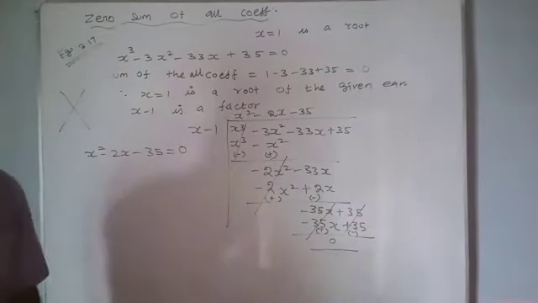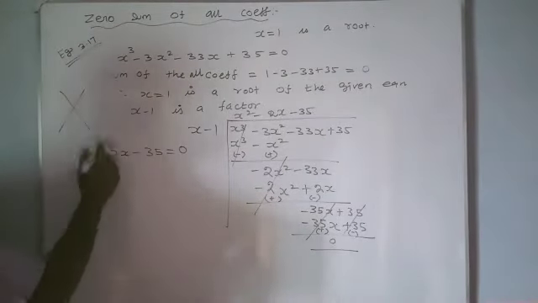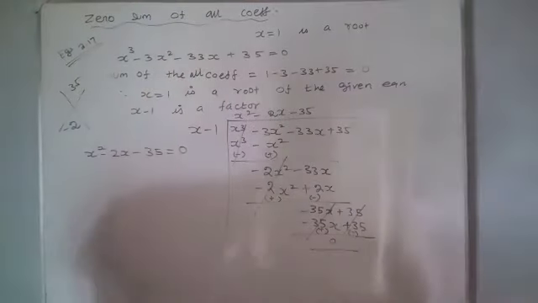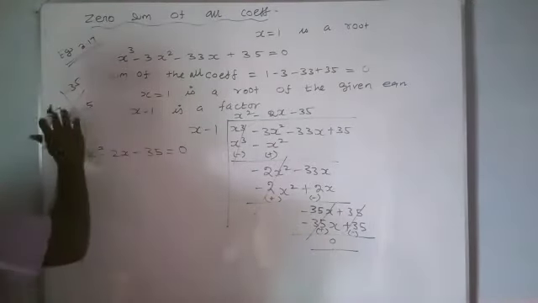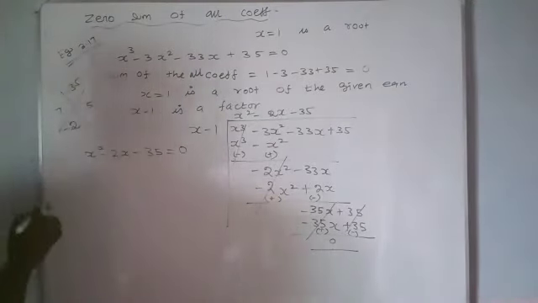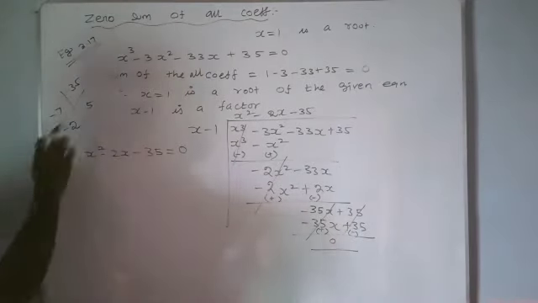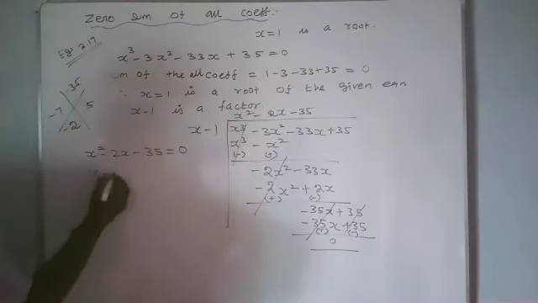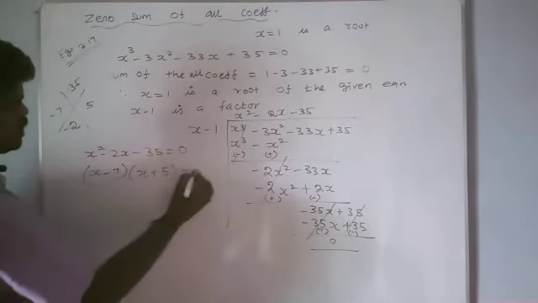Now we want to factorize this. Multiply minus 35 and minus 2. What are the values? 7 fives are 35, 7 into 5 is 35, but minus 35. So minus 7 is there because the middle term is minus 2. So here the factors are x minus 7 and x plus 5 equal to 0.